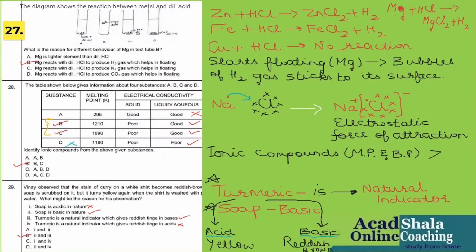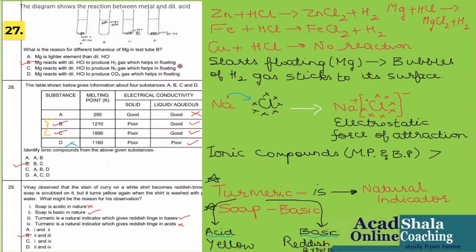Among the 3 reactions, I'm observing that hydrogen gas is evolved in all of them. So I will go through the 4 options and discard where hydrogen gas is not seen. Option C says nitrogen gas is evolved.